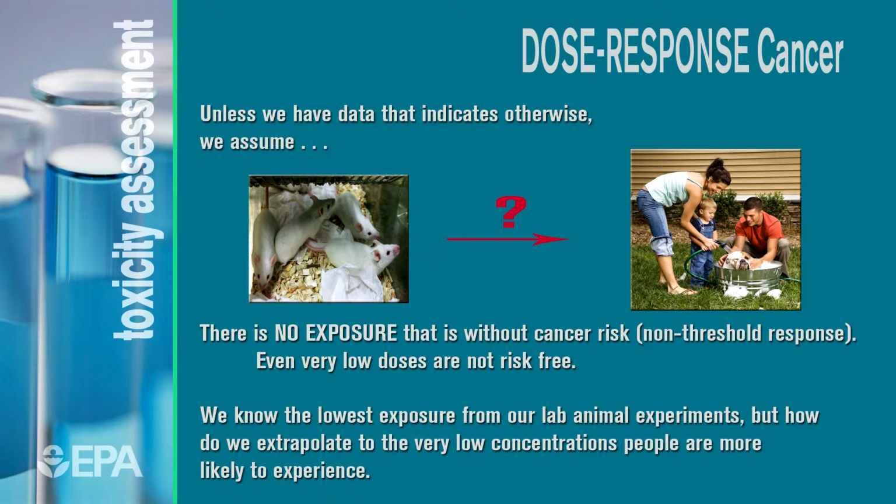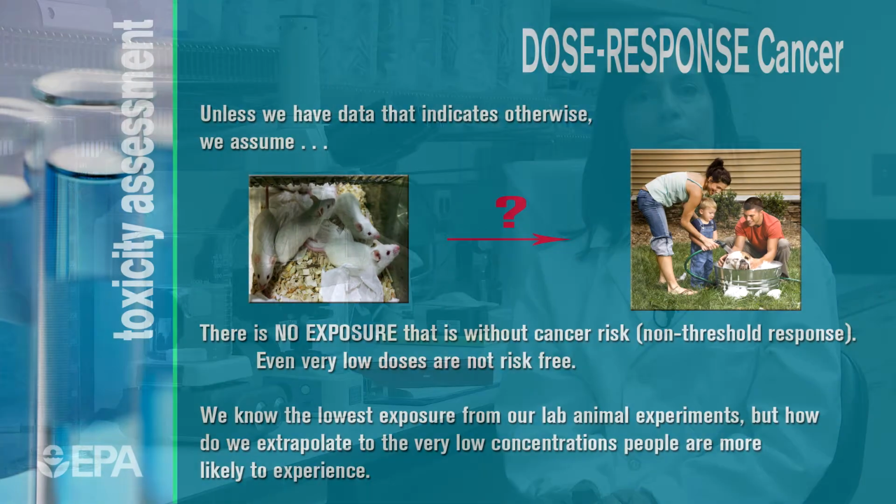The higher the exposure and the longer the time, the higher is the risk of cancer. We also know from evidence in epidemiological studies that there is a lag time between the exposure and the occurrence of cancer. This time frame can be 10 to 40 years.